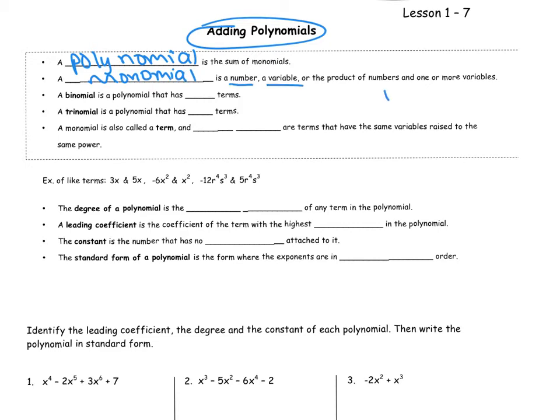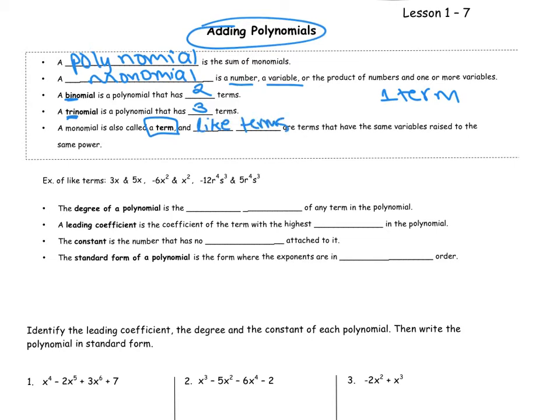It's just one term. A binomial has two terms, bi as in bicycle, and tri as in tricycle would have three terms. So a monomial is just a single term that we get when we combine like terms.